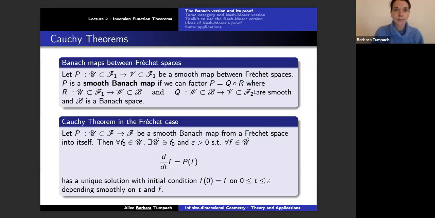Here, the map P is supposed to be smooth, and a Banach map. So maybe, Barbara, precisely over this condition, there are a couple of questions in the chat that ask a similar thing. They ask about the factorization. What does it really mean?